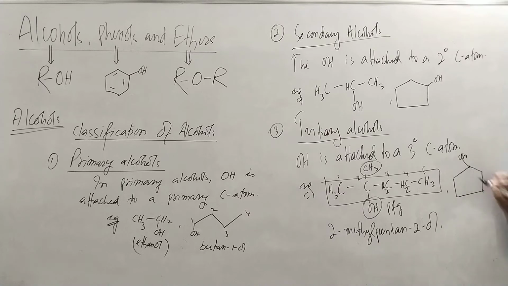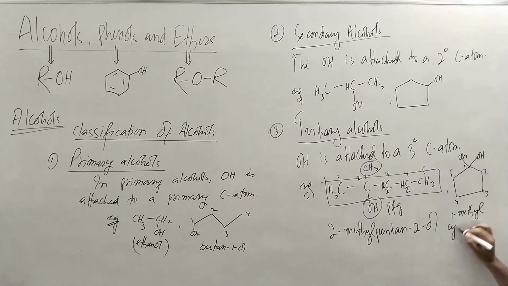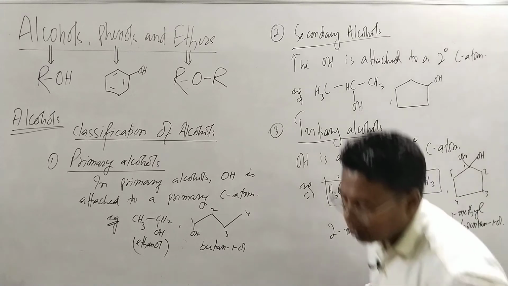Then this carbon atom becomes a tertiary carbon atom and the OH is attached here. How will you name this compound? This is 1, 2, 3, 4, 5. So its name will be 1-methylcyclopentane. After removing E, 1-ol. This is the IUPAC name. Note down.